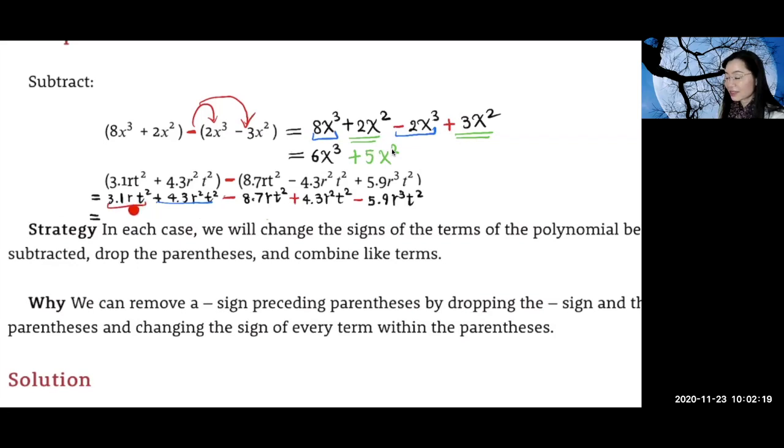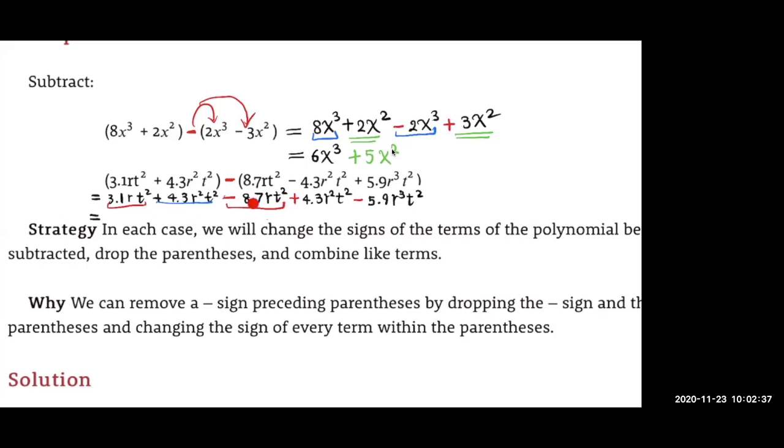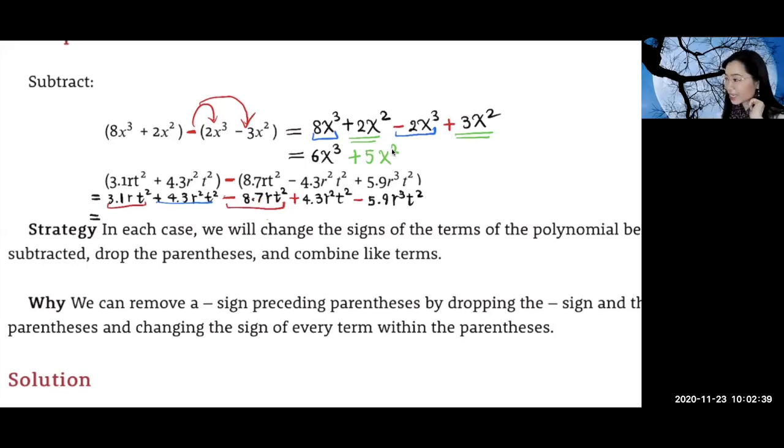This one. What's like this one? Negative 8.7 r t squared. Yeah, this one. So combine: 3.1 subtract 8.7. It is negative, right? Negative 5.6.